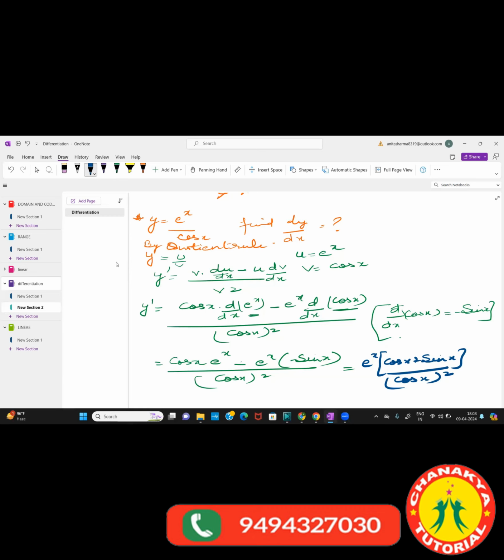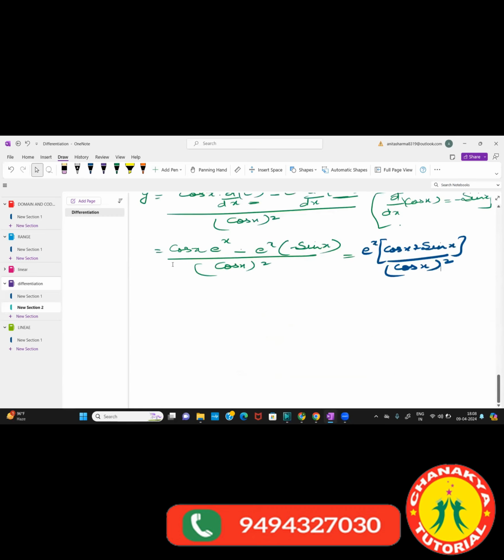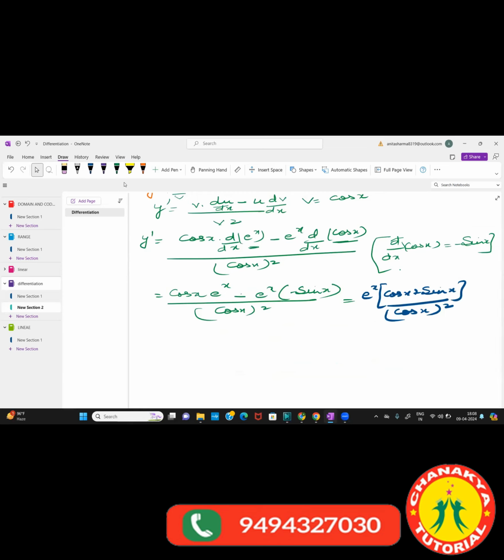Now see, after this you can write like this also. e to the power x, then cos x upon cos x whole square plus sin x upon cos x whole square. May we write like this, beta? Yes, ma'am. Now one power of cos x will cancel.